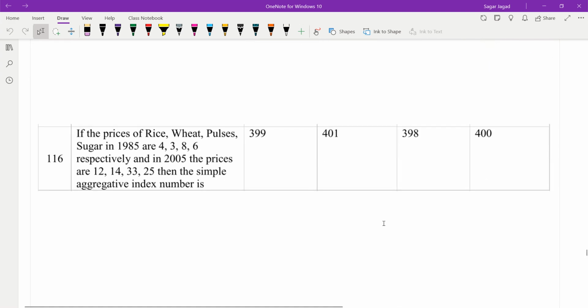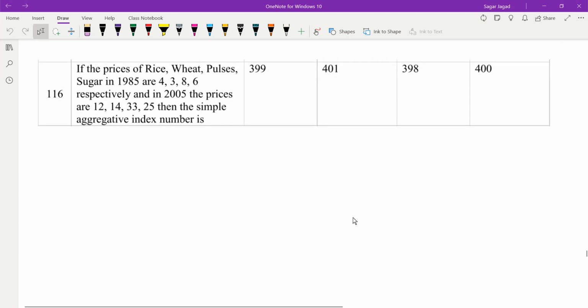Question number 116. If the prices of rice, wheat, pearl, sugar in the year 1985 are given, and relatively in 2005 the prices are this much, then find the simple aggregate index number. Simple aggregate means we are supposed to add them, simply take the ratio and multiply it with 100.